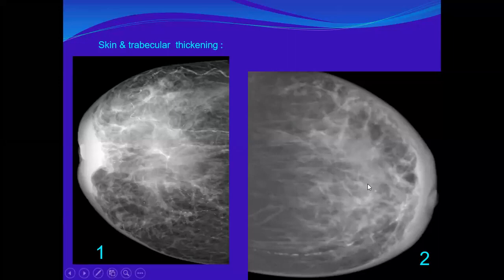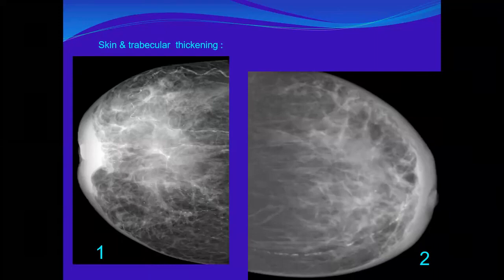Both cases are malignancy. And in case of inflammatory carcinoma, what do you expect? Sometimes the underlying breast malignancy is much less evident on mammography. If I remember, around 60 plus percent can demonstrate the malignant masses.